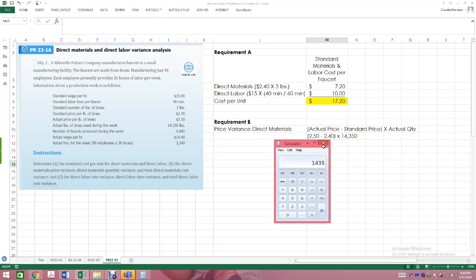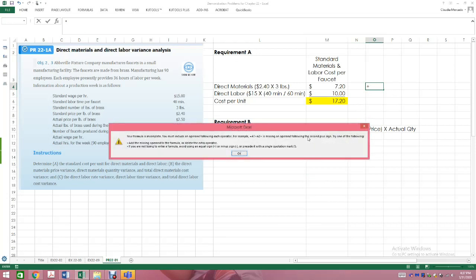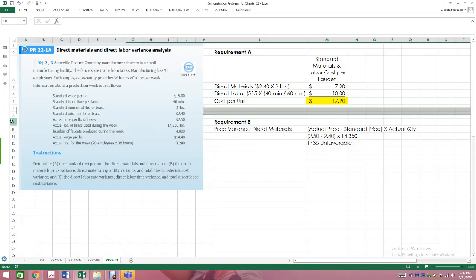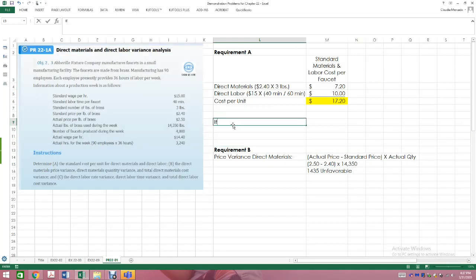Now that's a positive number. If it's a positive number, it is unfavorable. So I'm going to put here, if positive variance, then unfavorable.